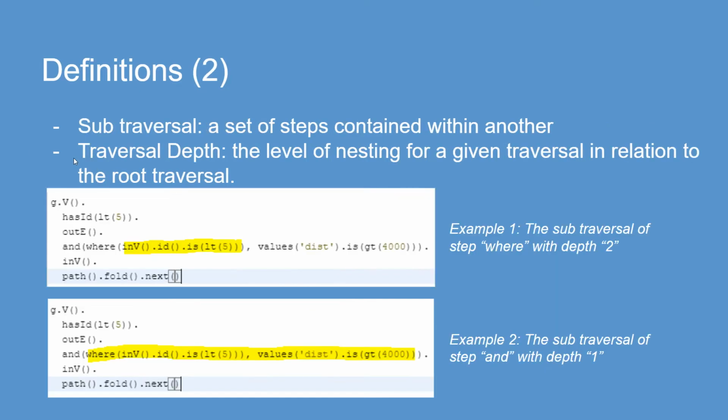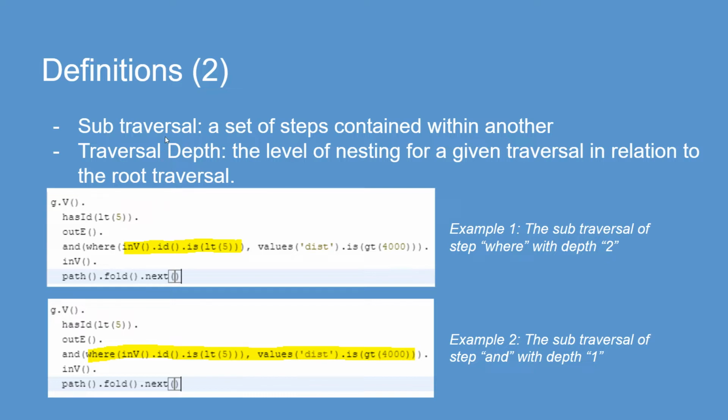Subsequent to that, we've got the concept of a subtraversal, which is the set of steps that are within another step. For instance, if we look at this little query here, we can see this set of steps, nv.id.is, is the subtraversal of the where step. And then the where step is the subtraversal of the and step, which is a root traversal step.